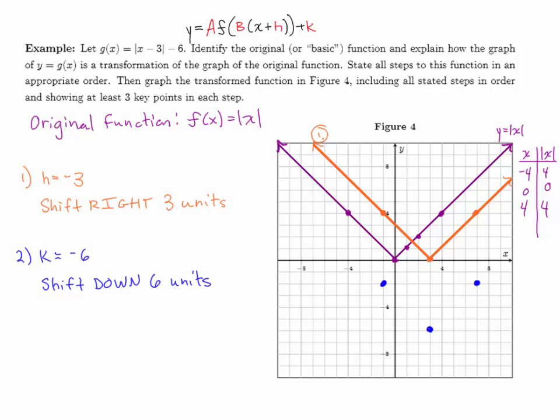And again, this connects in a V shape, so that'll be what completes the graph of this function, filling those in. And so this last one is then my graph of y equals the absolute value of the quantity x minus 3, minus 6.